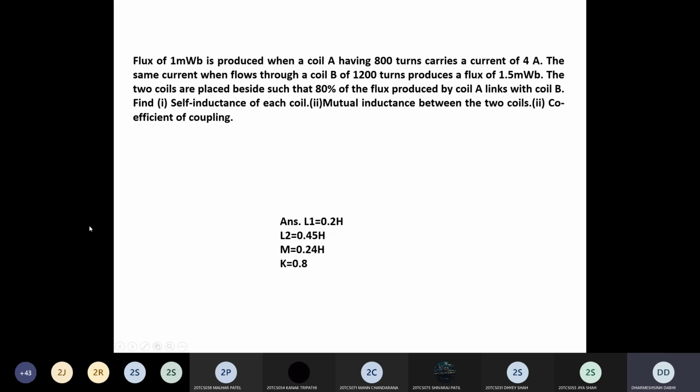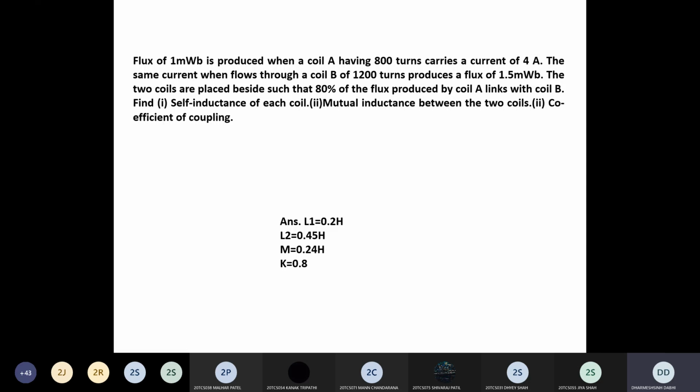So all of you get these 4 answers. I have not calculated here, just write the answers of all these 4 parameters. Self inductance L1 and L2 are 0.2 and 0.45 Henry, M is 0.24, and the coefficient of coupling K is equal to 0.8. All of you get the answer?